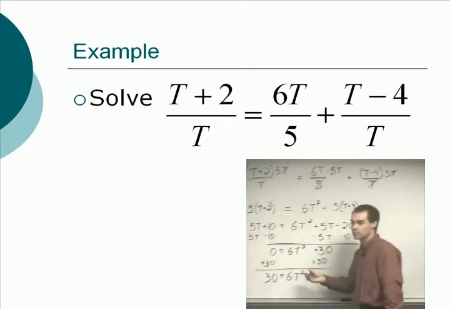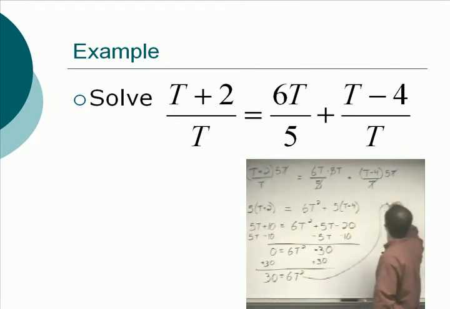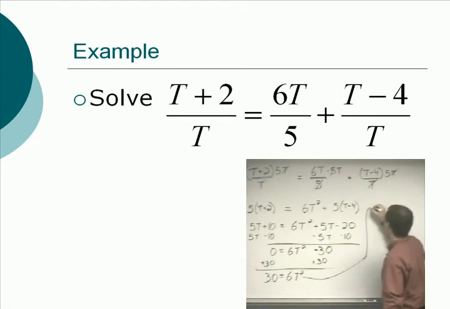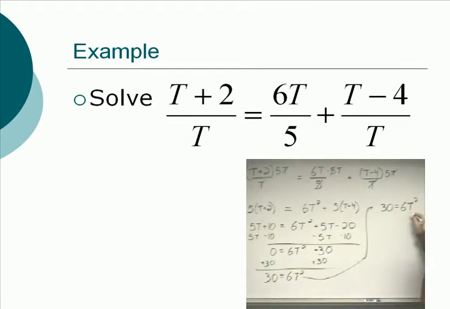We're using the property of square roots here. Divide both sides by 6. And we end up with 5 equals t squared.